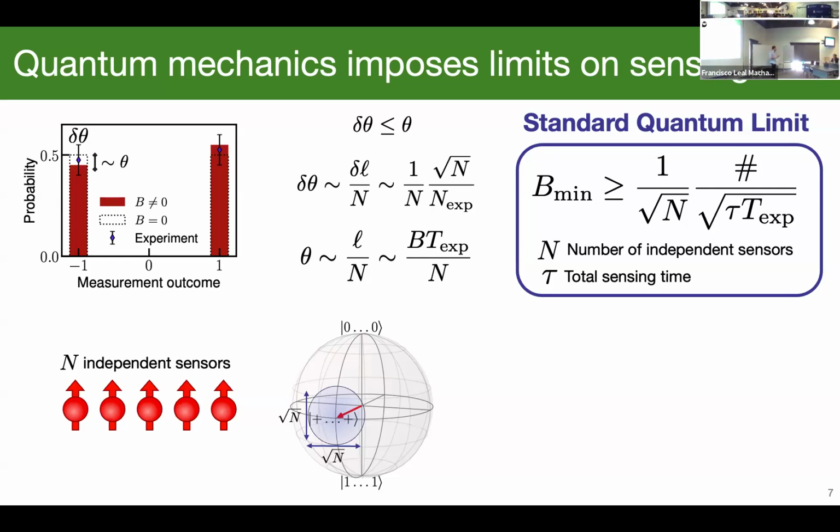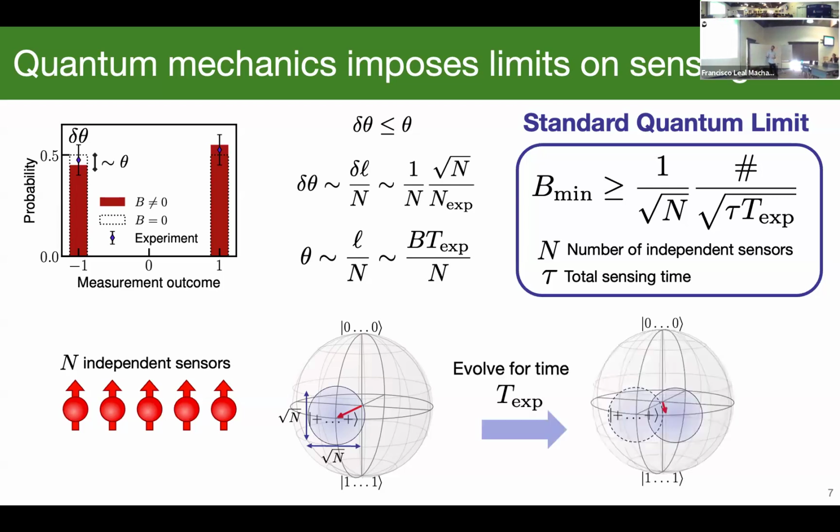Because I have this quantum shot noise, the representation of this coherent state has some width that is proportional to square root of n. And now I still have the same problem that I want to detect after some experimental time the difference in this angle. But the difference in this angle is kind of like how much the coherent state precesses, which is the length divided by the size of the spin, which gives us this particular scaling.